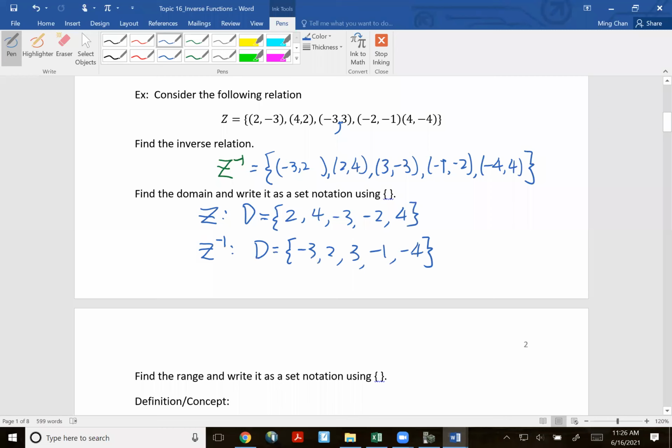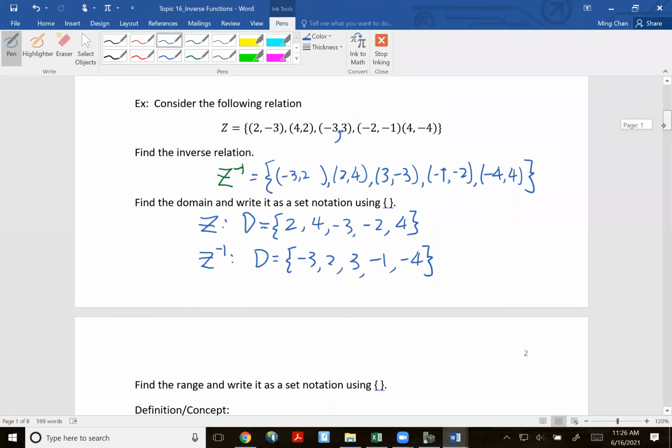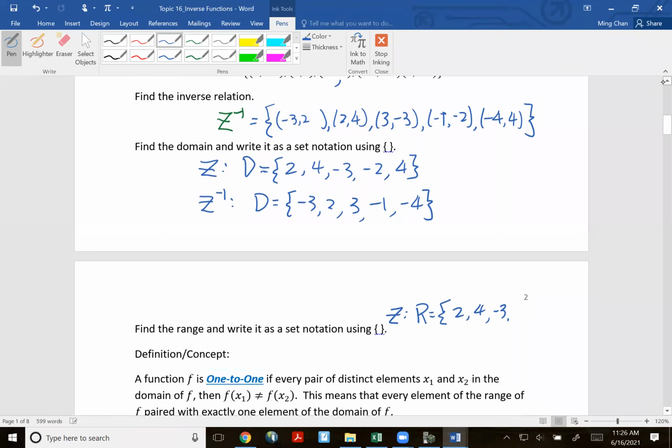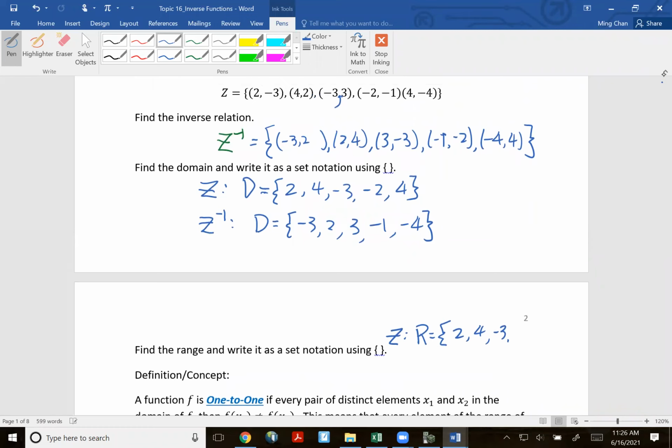All right, find the range. So the range for the regular relation is all the y values: 2, 4, -3, -3, 2, 3, -1, -4.